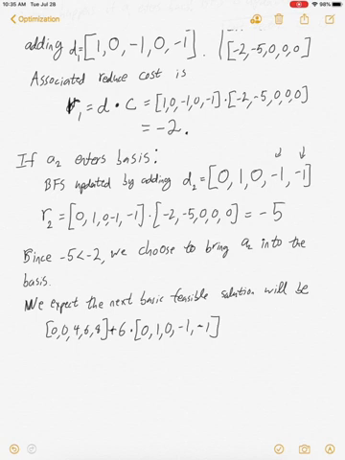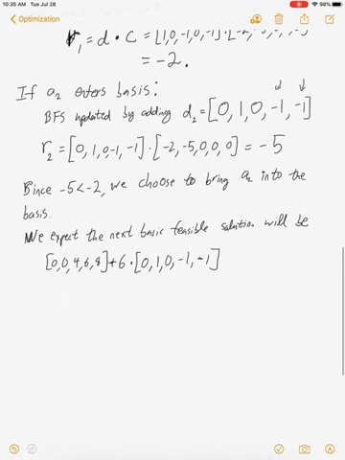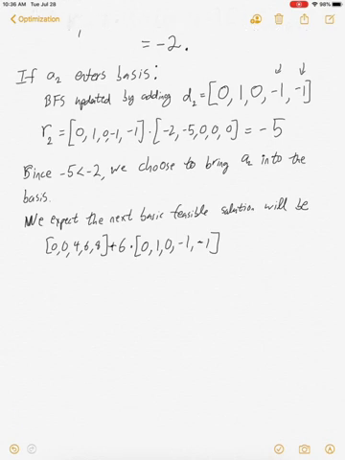Right, so all I'm really doing here is looking at 6 divided by 1, and 8 divided by 1, and just seeing whichever of those is smaller. But if you think about it in this way, of just adding an amount of a given direction, it's easier to not get confused, in my opinion. Okay, so we expect the next basic feasible solution is going to be this quantity here.